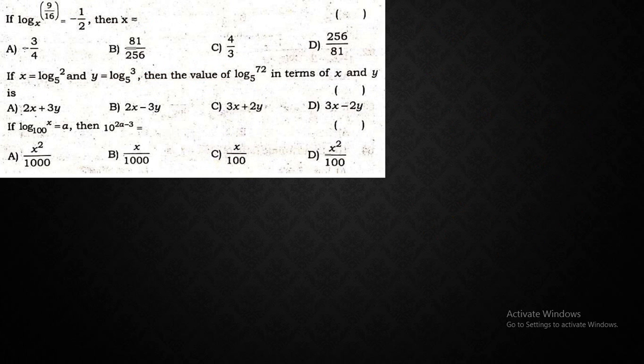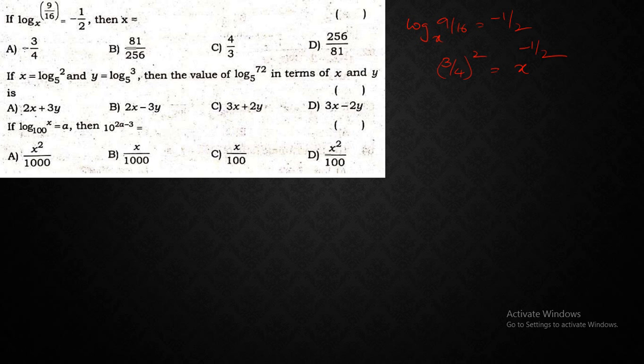So log 9 by 16 to the base x is equal to minus 1 by 2. Now from this 9 is nothing but 3 square, 16 is nothing but 4 square. Then I can write 3 by 4 whole square is equal to x power minus 1 by 2.